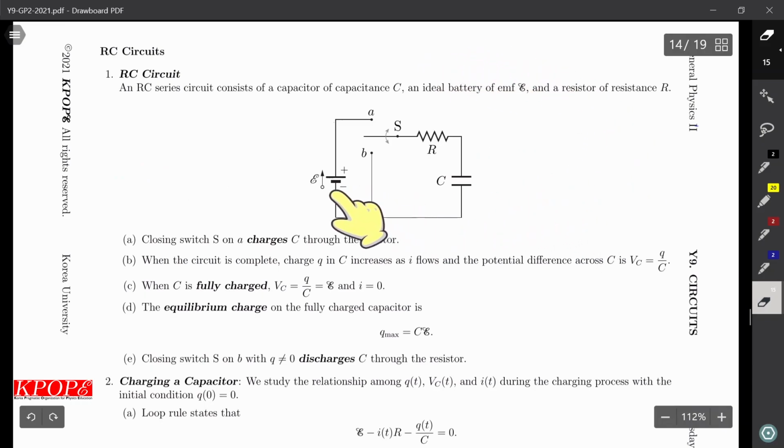Let's study in more detail the RC series circuit. This is called the RC series circuit.